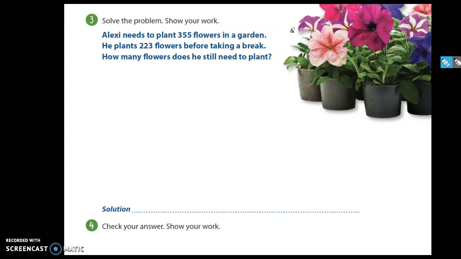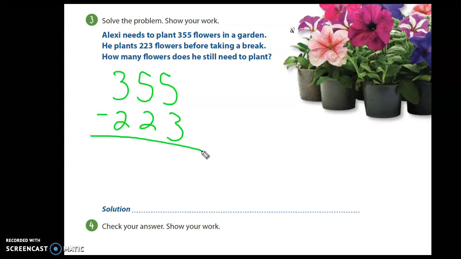So how much does he need to plant in the garden? 355. How many did he plant already? 223. Oh, I guess we don't need to regroup.